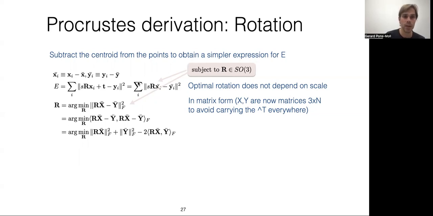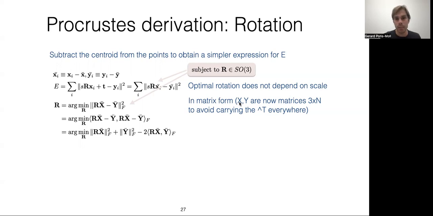So instead of having this summation of point squared errors, we're going to write the same thing in matrix form. We write R times the matrix of points X minus Y, Frobenius norm squared. You should convince yourself that this thing with the summation per point and this thing in matrix form are exactly the same.